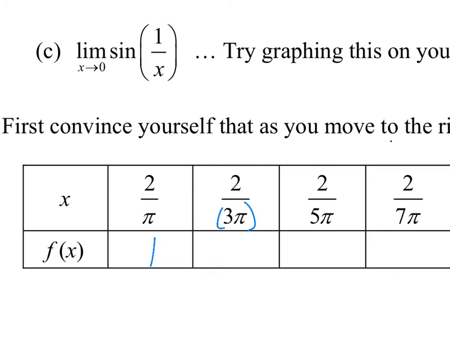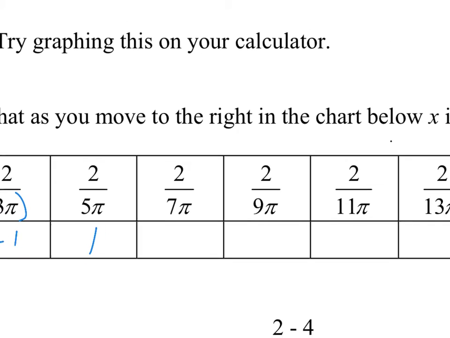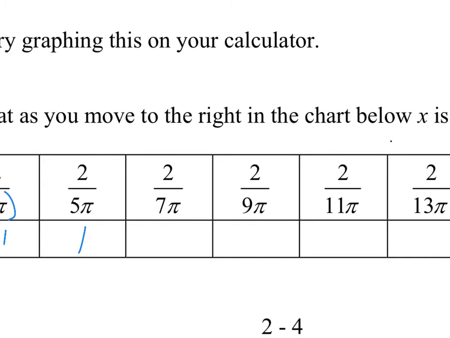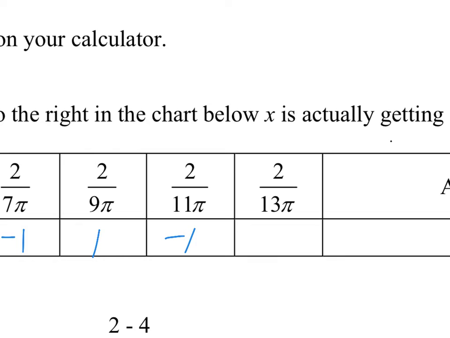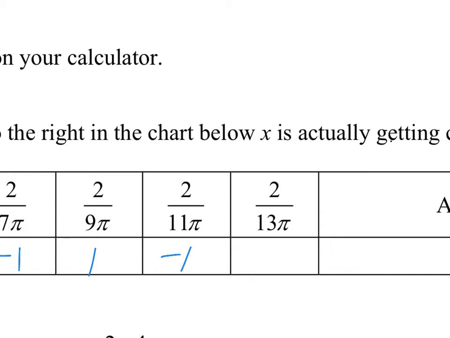So alpha y1, 2 divided by 3 pi, you get negative 1. 2 over 5 pi, you get positive 1. 2 over 7 pi, negative 1. 2 over 9 pi, positive 1. 2 over 11 pi, negative 1. 2 over 13 pi is positive 1.